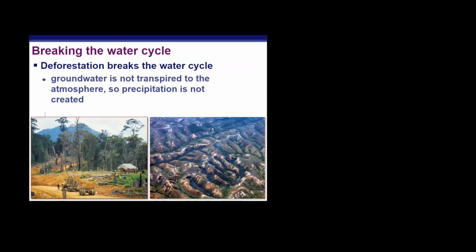So if you wipe out a forest, you take away large trees that are responsible for transpiration. And so we are interfering. We have a block right in the middle of that transfer of water from the soil back up to the atmosphere. So when that occurs, we have less water in the atmosphere, which means we're going to end up with less rain, less precipitation.